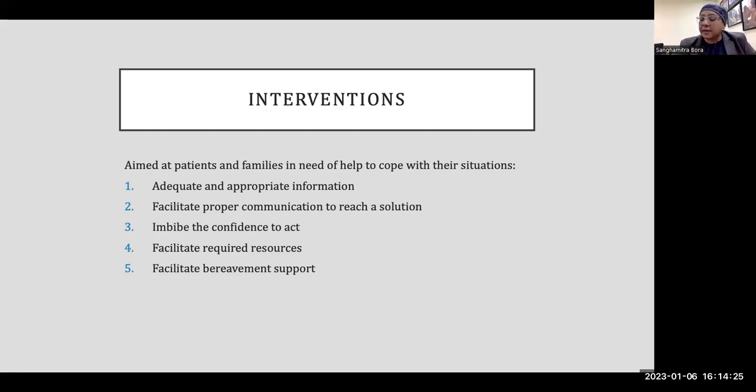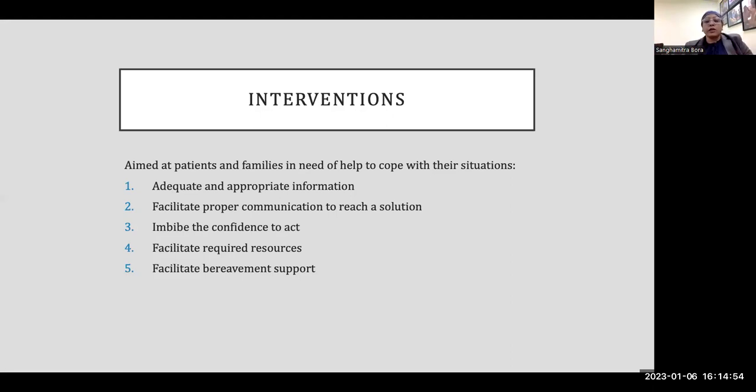I'm just giving an example. And the patient and the family are in a fix, what to do, what not to do. So the role of the social worker here is to imbibe the confidence in this particular family to take appropriate action, to take the decision of whether to go for this or not.